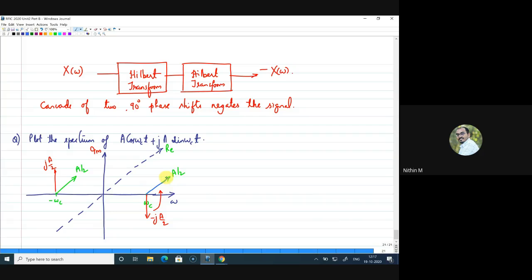So you will get A by 2 plus the previous A by 2, which is equal to A. Here also we multiply by j, which gives minus A by 2, so that will get cancelled, and your result will be, at omega c, a component with amplitude A. So this is the plot.